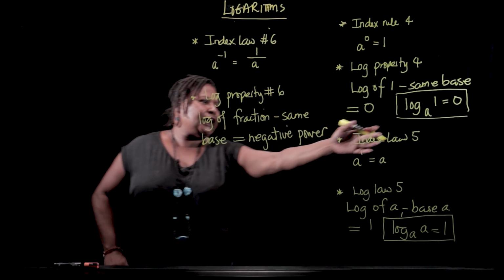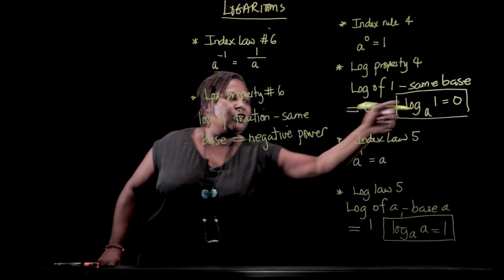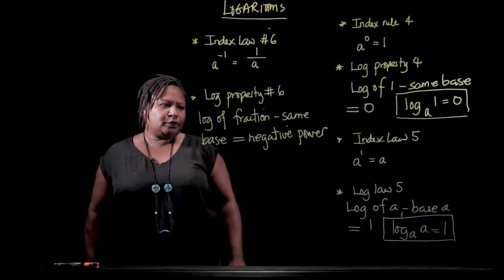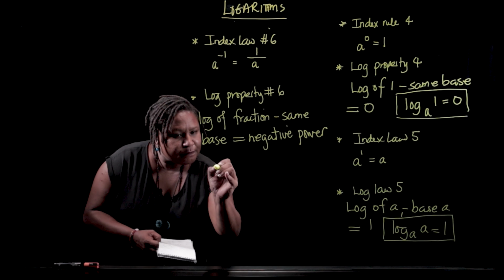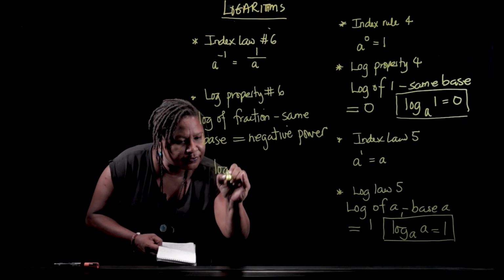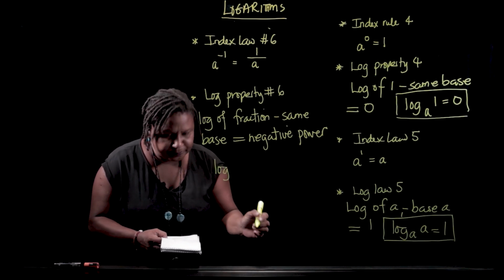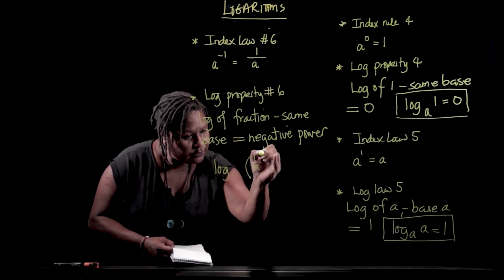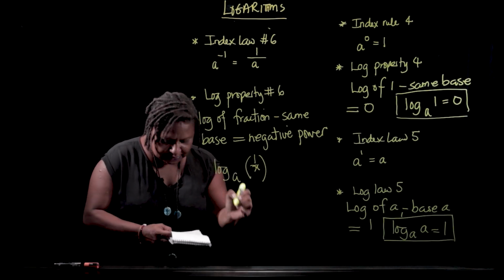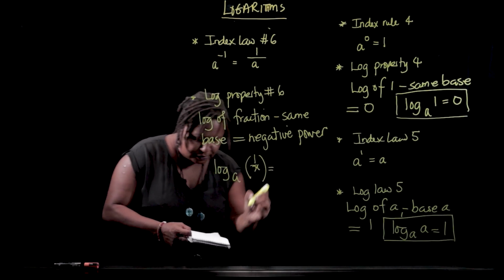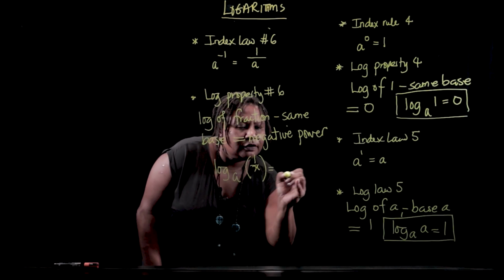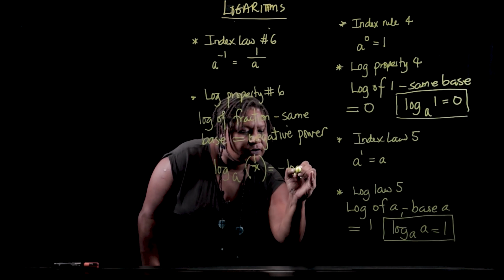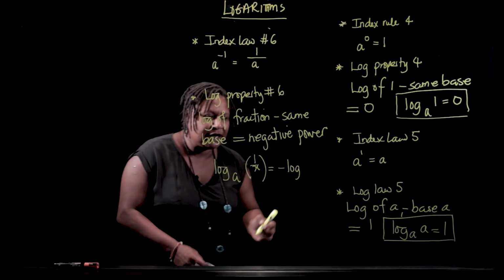Now again, let's rewrite this as a log statement so that we can see. The log of a fraction, let's say 1 over x, to base a is equal to negative log, negative index.